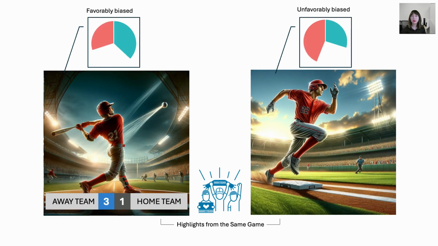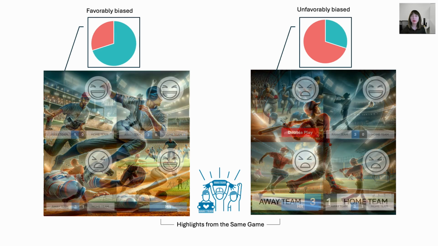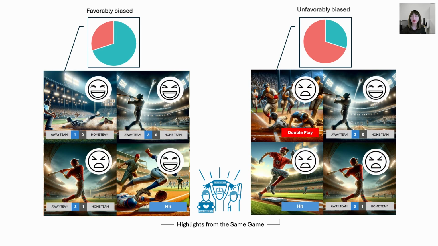As we progress to the subsequent selection of events for the highlights, both include scoring plays by the home team, yet there's a divergence in the choice of additional events. One highlight opts for a hit by the away team, while the other chooses a hit from the opposite.